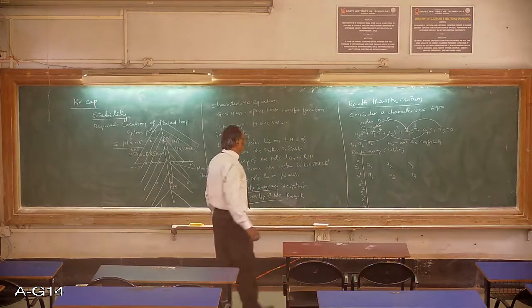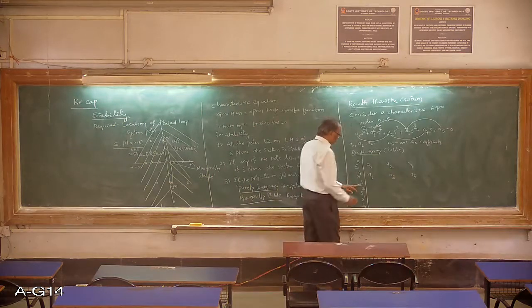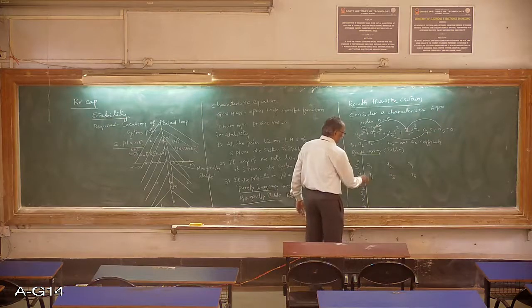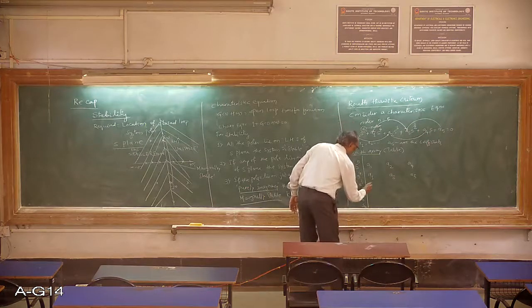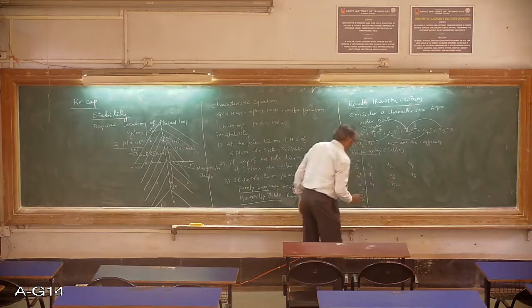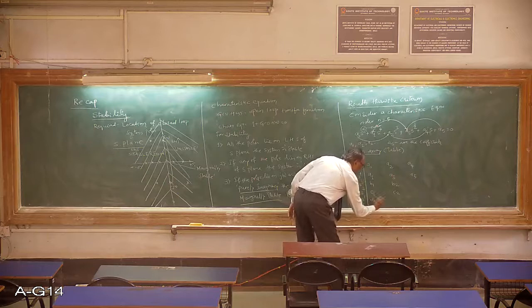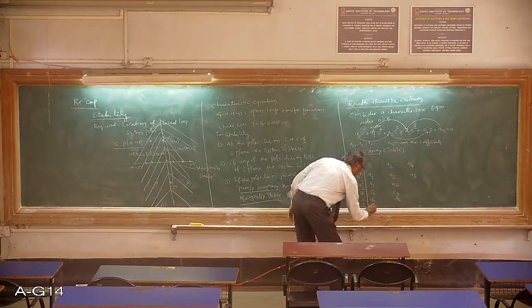Once you get the first two rows, you have to write down the coefficients of the third row. These two rows are sufficient to get the next row. So I will write B1, B2, C1, C2, D1, D2, E1.